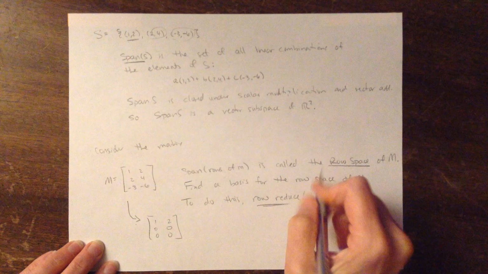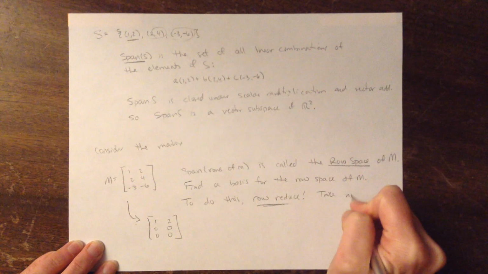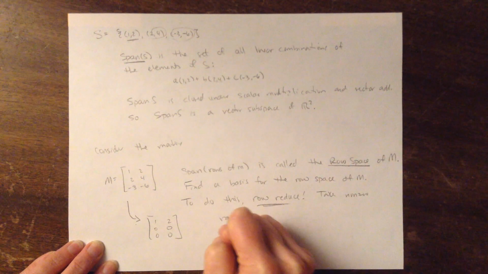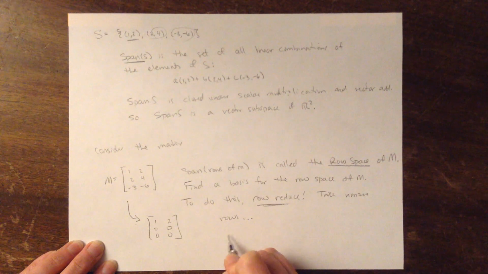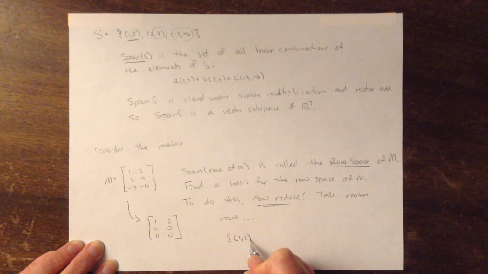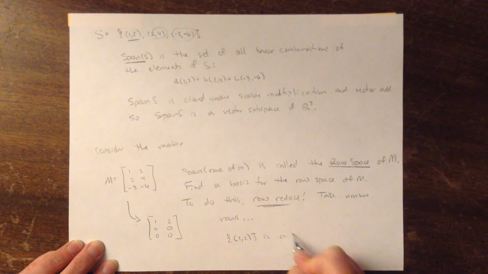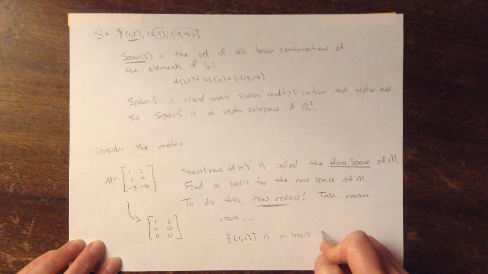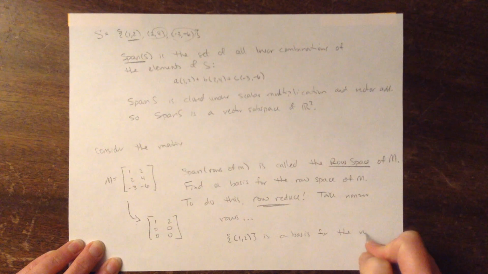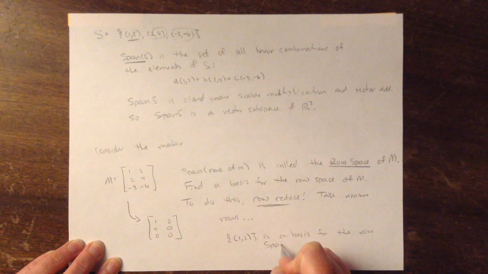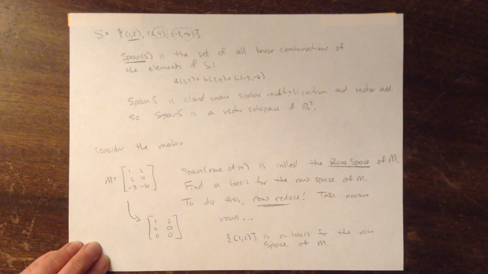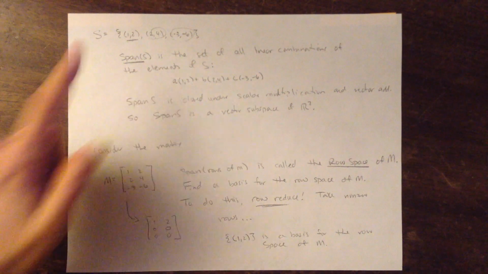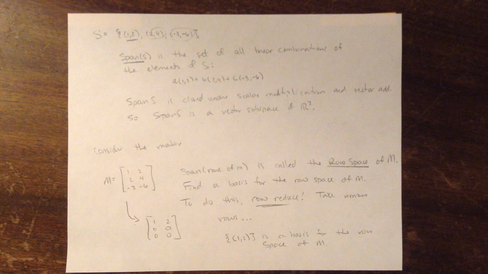And so you take the non-zero rows, and that'll give you your basis. So the set that just contains (1, 2) is a basis for the row space of, we call it M. And it's also a basis for the span of S in that example.